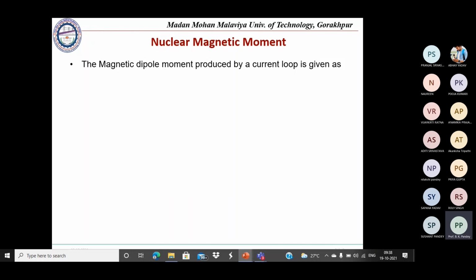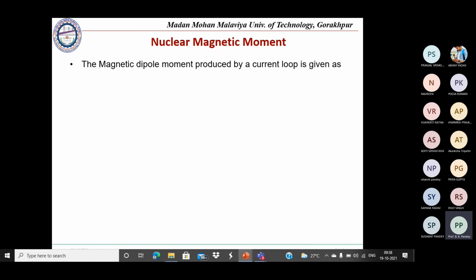The magnetic dipole moment produced by a current loop is given by, as we have already discussed: if we have a center point, the nucleus, and electrons are revolving around the nucleus, then obviously there will be a current loop.